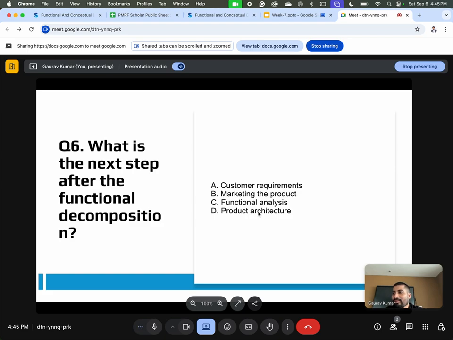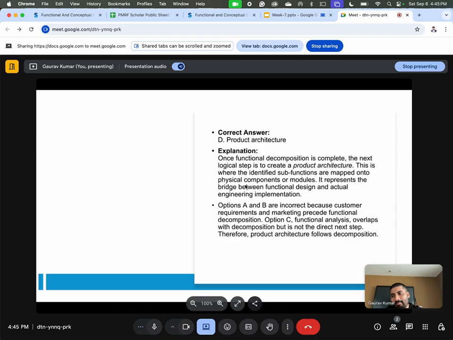Okay, so D is the right answer. You can pause the video and go through this slide. I have clearly written the explanation here, so please pause your video and go through this slide.